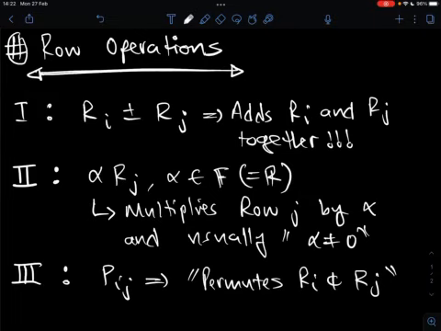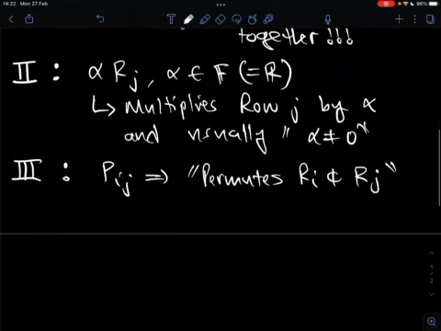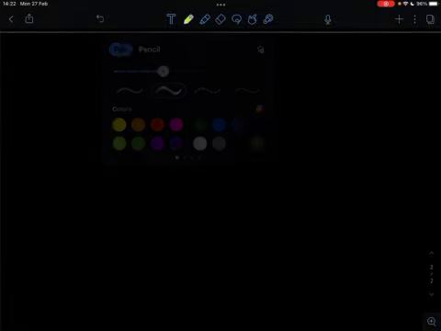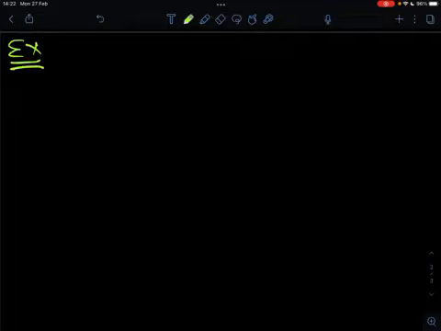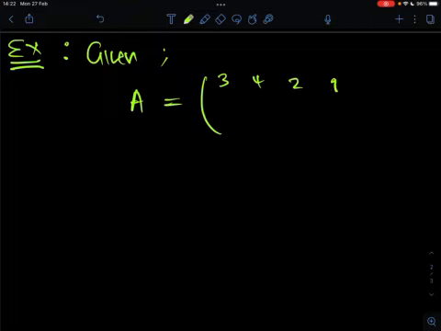So to see now how exactly things work, let's do a few examples to demonstrate how to perform these row operations. The first example is as follows. Given a matrix A, which is defined as 3, 4, 2, 9, 1, 3, minus 4, 5, and 6, 2, 2, 1, you can be asked to do the following.